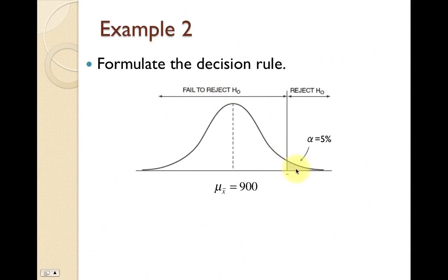So remember, a p-value is a piece of area. And that piece of area, we want it to be very, very small. So the piece of area is going to go from x bar all the way up to positive infinity. And if that x bar to positive infinity area is smaller than 5%, it means that x bar is further along on the right than if it were a greater p-value.